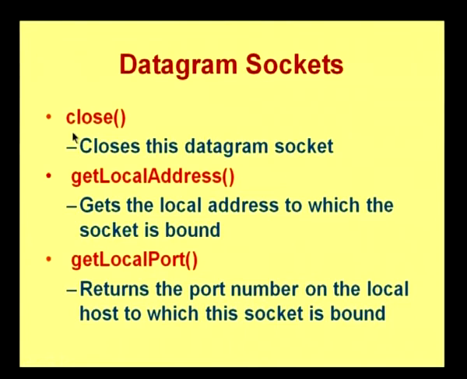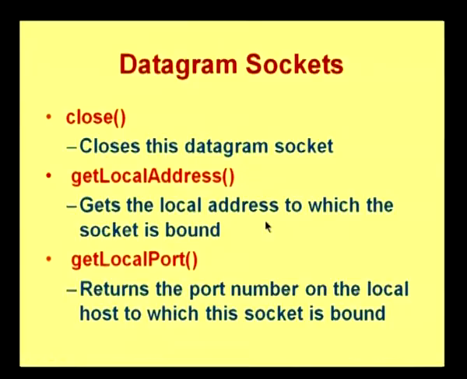I already told you there are 3 constructors for creating datagram sockets: one in which you never specify the port number, the second in which you specify the port number, and the third in which we specify the address as well as the port number. So the socket is bound to a particular port number. Whenever I call this getLocalAddress method, it will return the local address to which your socket is bound.